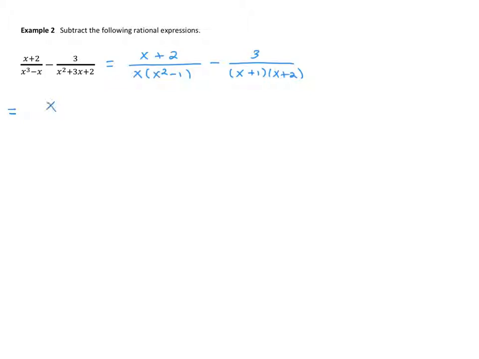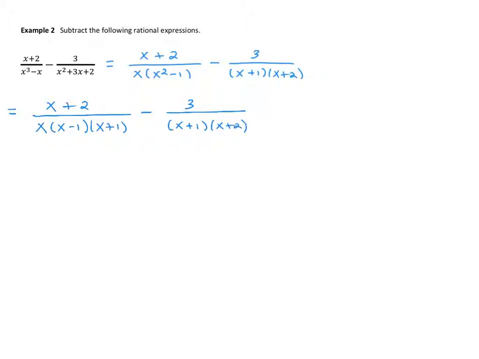I'm going to take the first fraction, and x squared minus 1 is a difference of two squares. I could write that as x times x minus 1 times x plus 1. And then my other fraction is 3 times x minus 1 times x plus 1 times x plus 2.